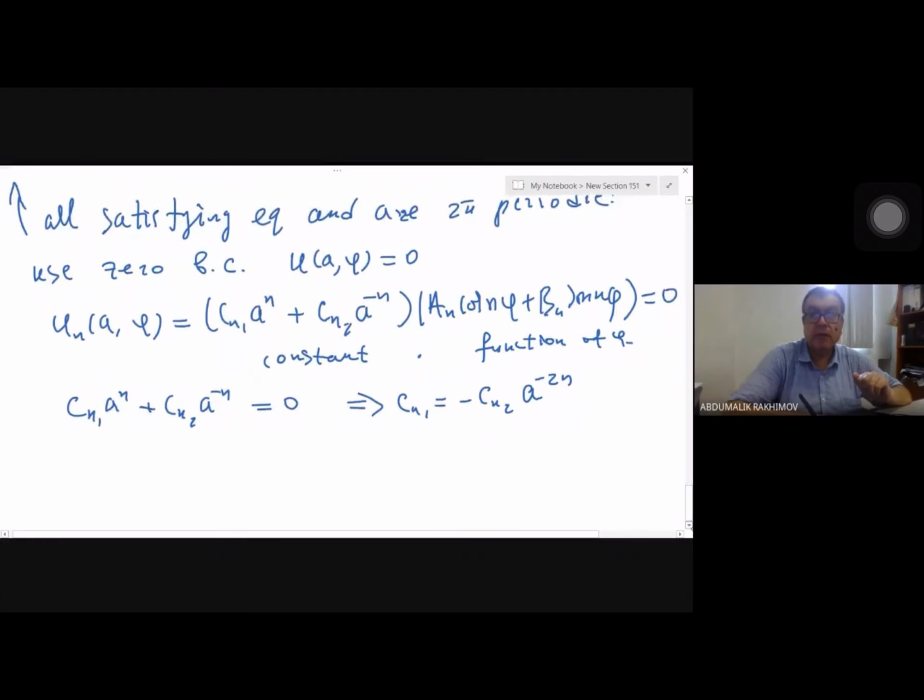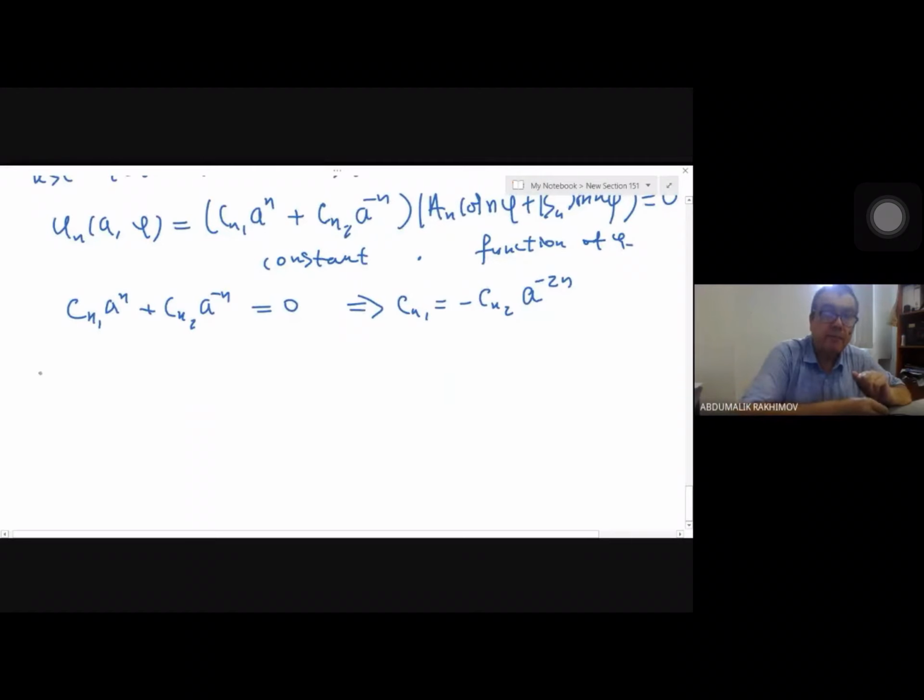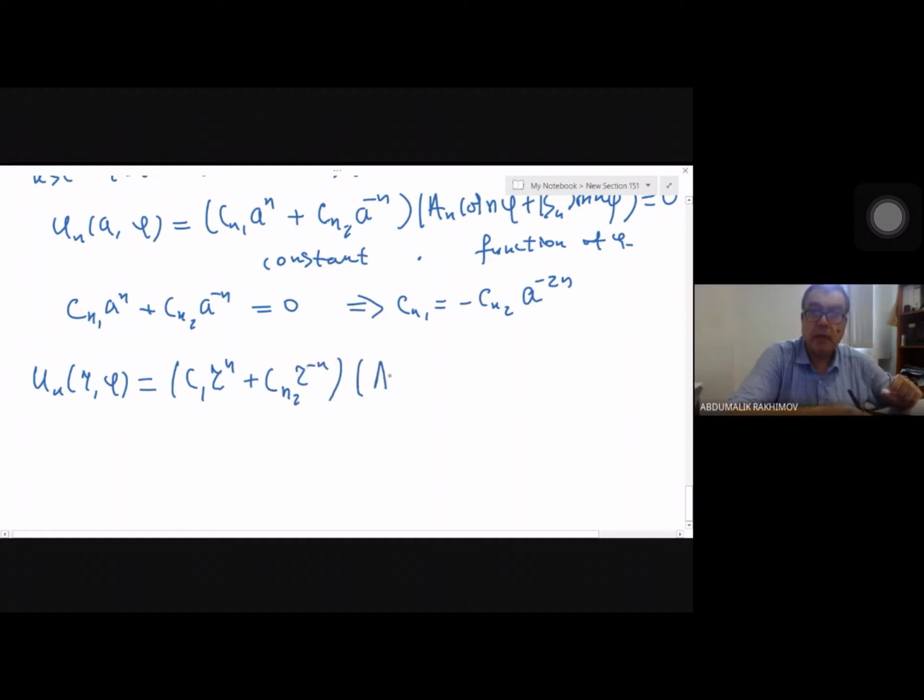Then I can substitute into Un. So what is my Un of R, phi? It was C1 Rn plus C2 R power minus n, times An cosine n phi plus Bn sine n phi.